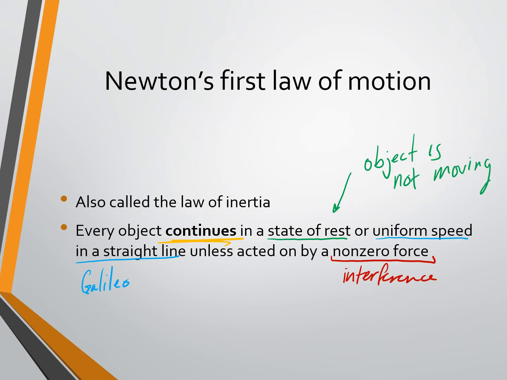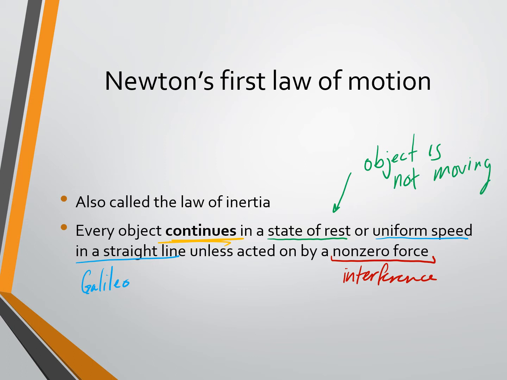The dog can pull you, can have a non-zero force by pulling you in a direction. There's a lot of situations where you can have a non-zero force on the object. So as soon as it happens, right, you have a different situation than Newton's first law of motion.